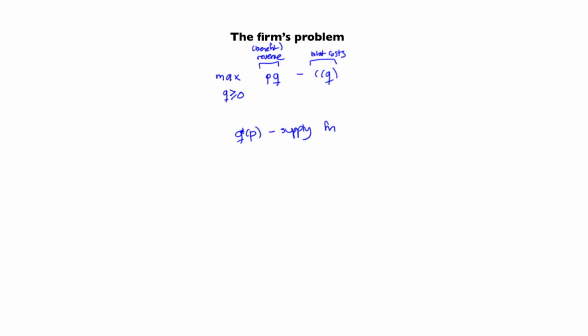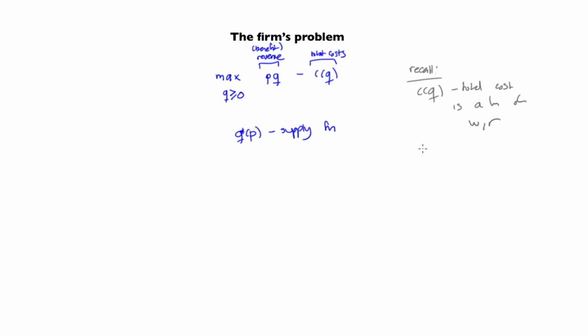Let me make a couple of remarks. Remark number one is I'm simplifying the notation quite a bit here to make things less overwhelming. Otherwise, this just becomes a collage of symbols and a little bit impenetrable. But I want to highlight that remember always that C of Q, the total cost function, is a function of the input prices, as we have seen before.